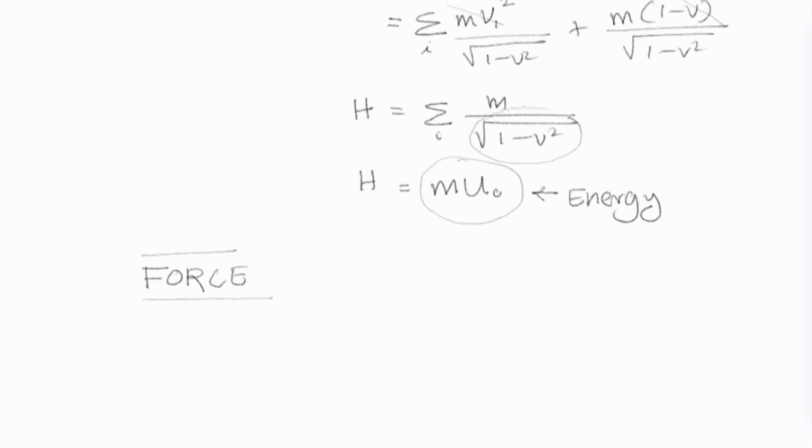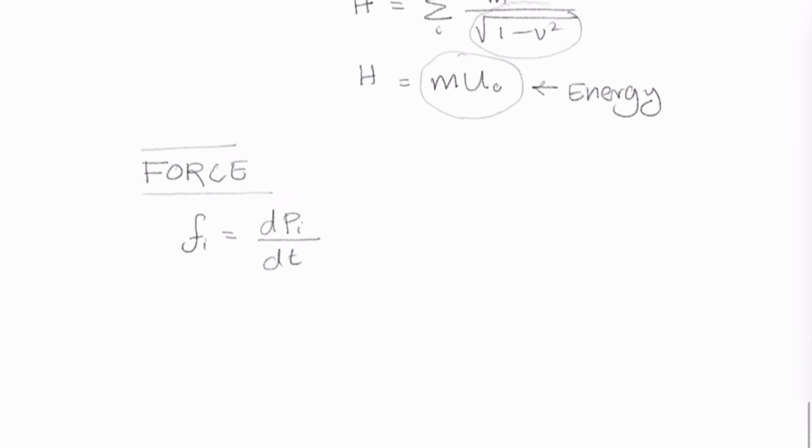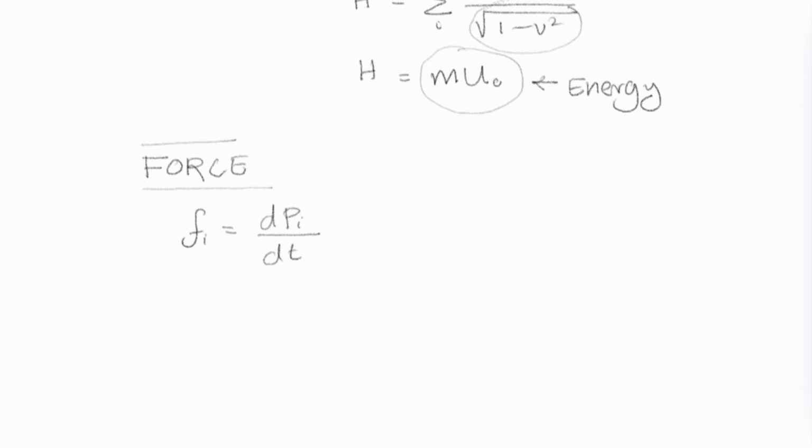The three-dimensional force F of i is defined by d by dt p of i. Let's see whether we could define a four-dimensional notion of force as F of mu. F of mu is d by d tau, p of mu.